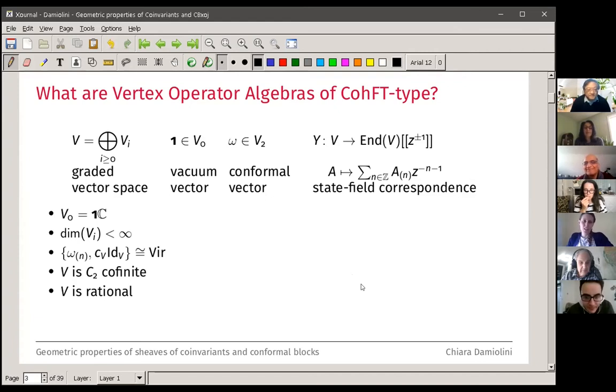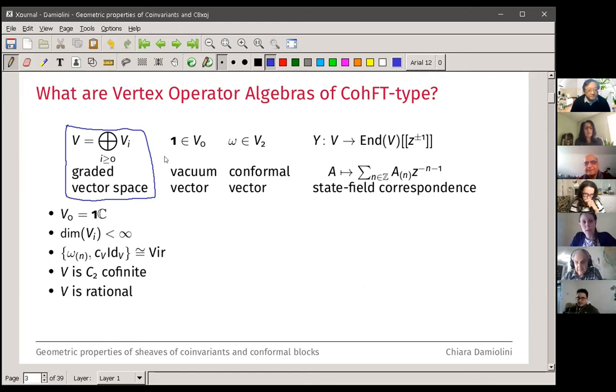So first of all, what is a vertex operator algebra of CohFT type? Let's start with the basic properties. We start with a vector space, which I want to be graded by the non-negative integers.